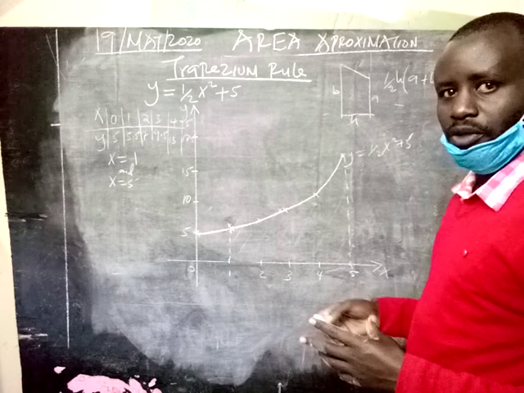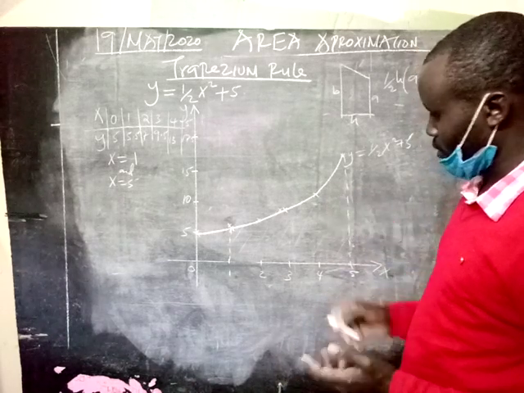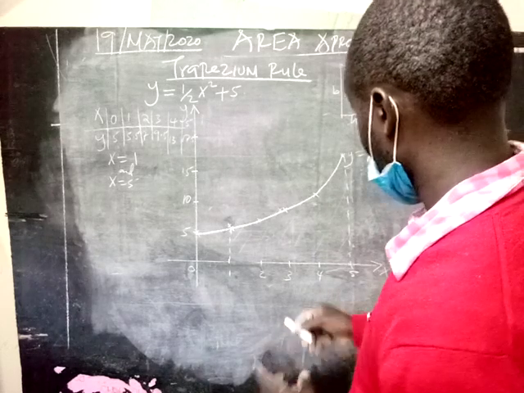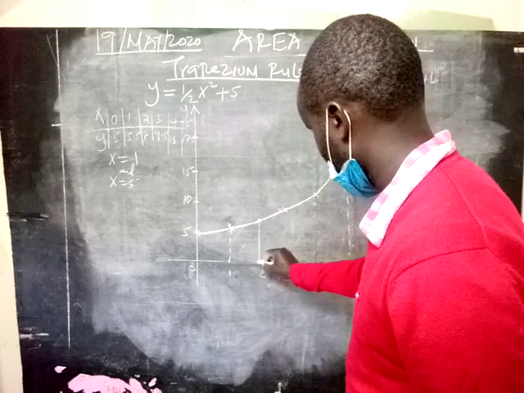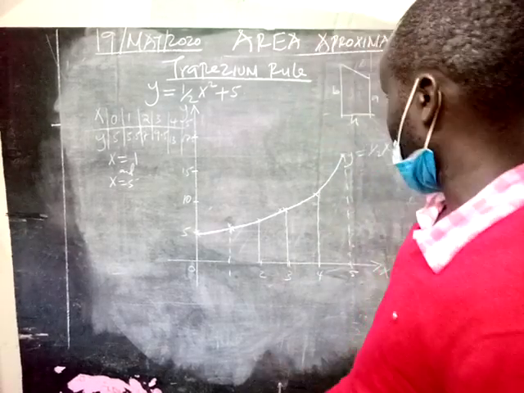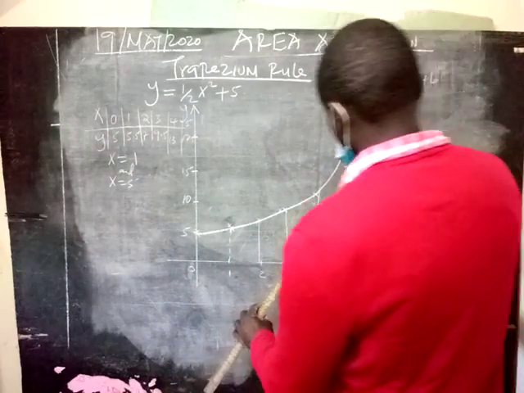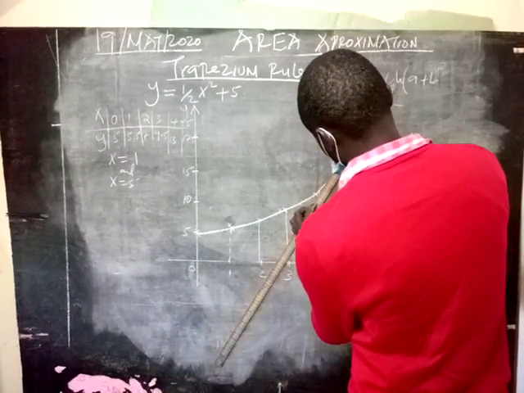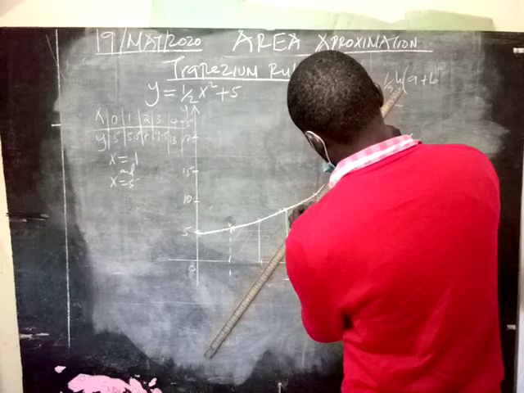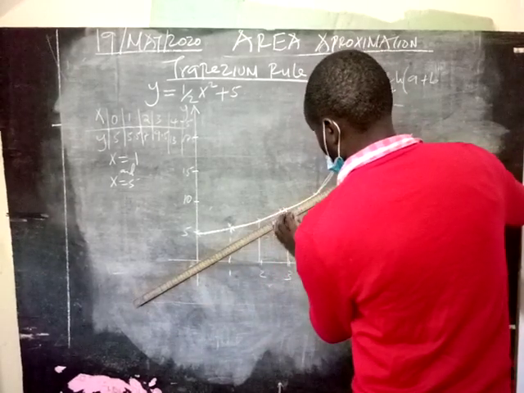So we are going to have trapeziums in this figure. We are going to have these ones that way. Then we are going to join all these using straight lines to have trapeziums.